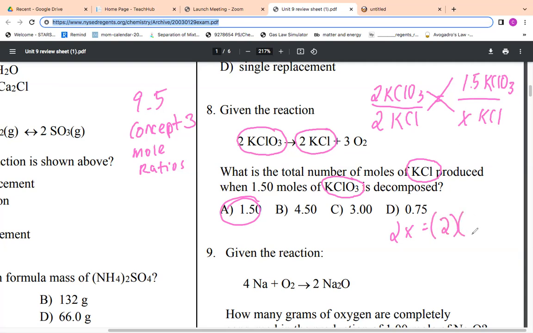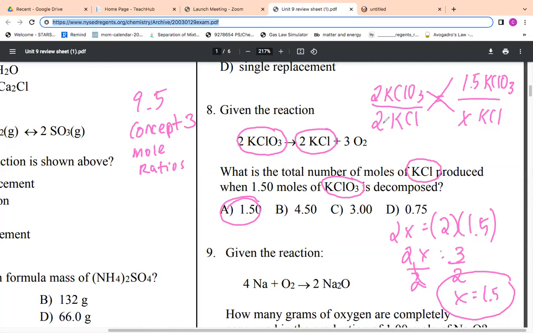I'll write all of this out. We can simplify. That's 2x equals 3. We want to divide by 2, and we end up with x equals 1.5. So you can see that we do just end up with 1.5. So in order to make 1.5 moles of KCl, you're going to need 1.5 moles of KClO3.